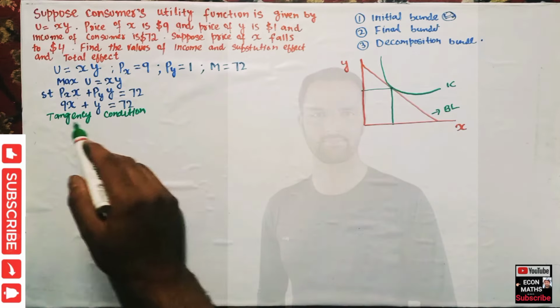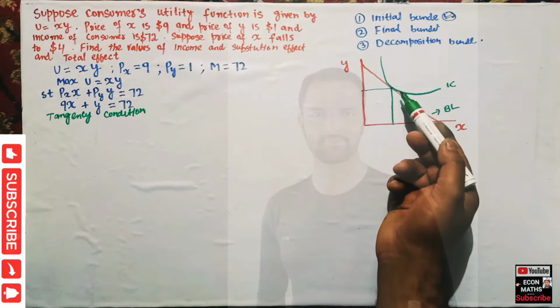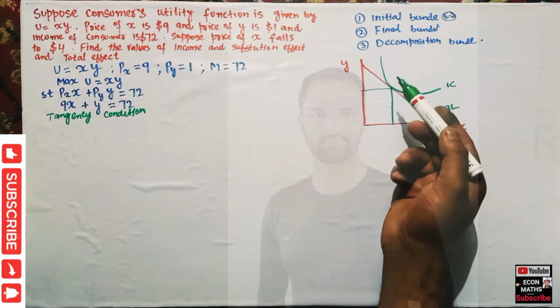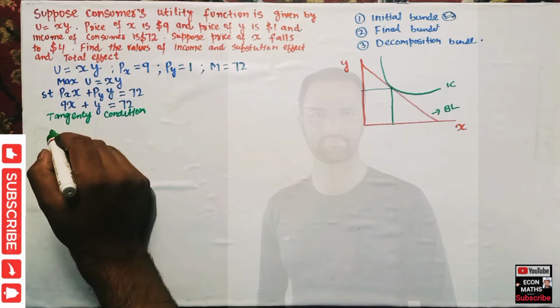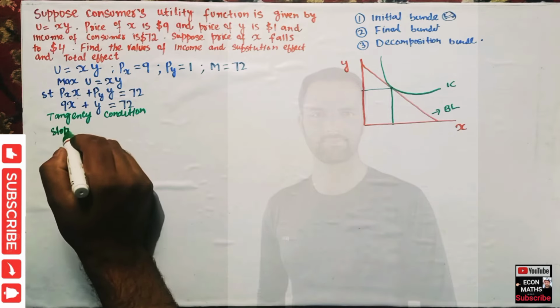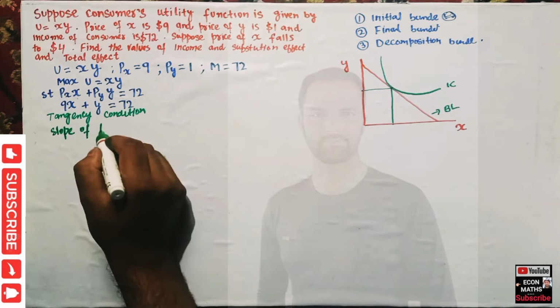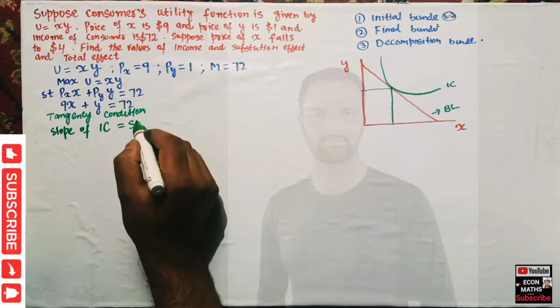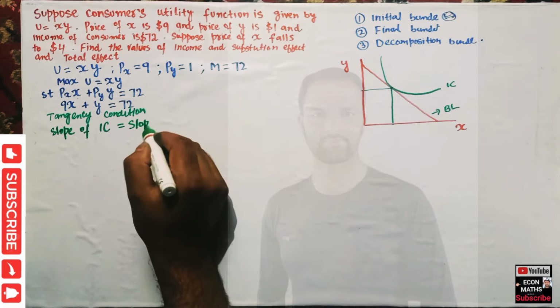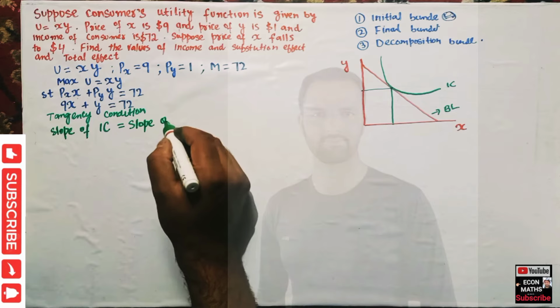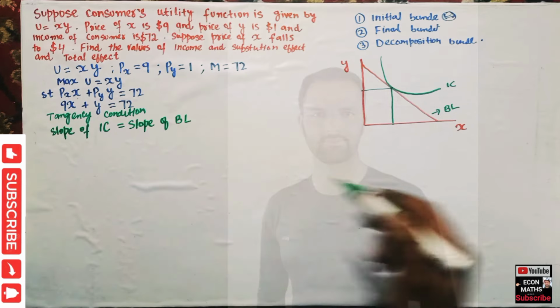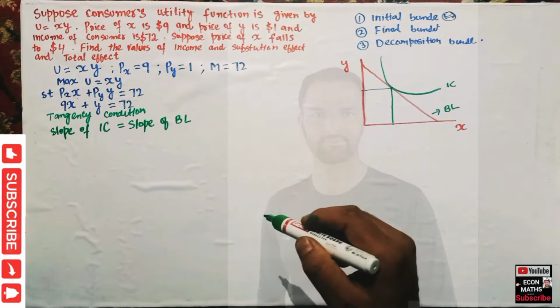That means at the optimal value, for the first order condition, the slope of the indifference curve should be equal to the slope of the budget line. Now, what is the slope of the indifference curve?